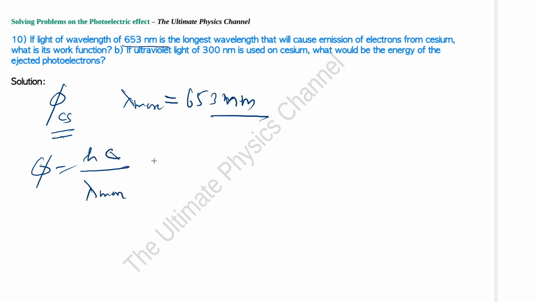If you substitute these numbers, you would get about 1.9 eV. That is the lowest for any metal. We have seen it in a previous problem. The lowest work function for any metal is for cesium, and that was given as 1.9 eV back then. So if you work out these numbers, you get the same value here.